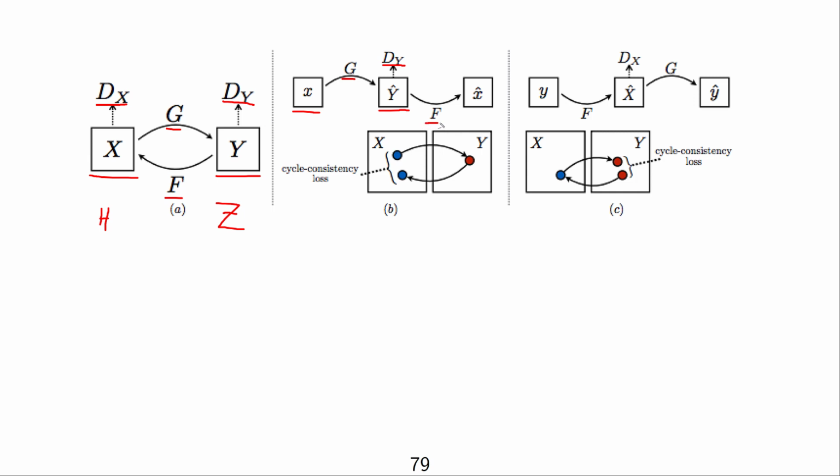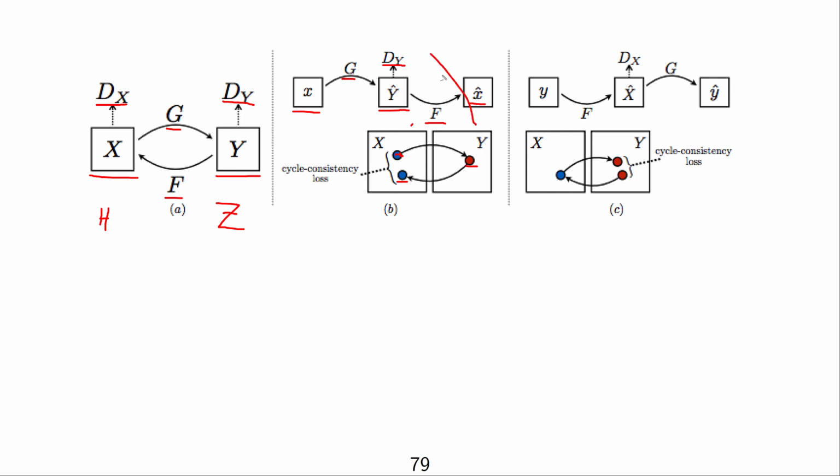Then we can translate back with F, get this x hat, and check that this x hat is similar to x. So this is how the data is being processed on the top, but looking at it from these two different spaces, we see that this blue point is transferred into Y, and then Y is transferred back, and we would hope that the two blue points are very similar to each other. This is the cycle consistency loss.